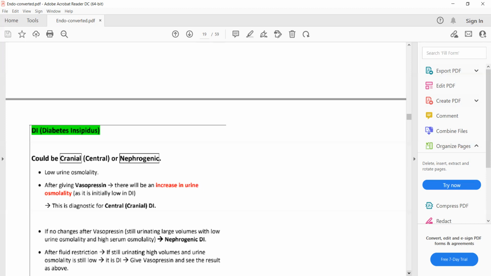Normal urine osmolality is between 700 to 850 milliosmol per kg. So if the urine osmolality is less than 700, then it is likely diabetes insipidus, because in diabetes insipidus, urine osmolality is decreased because of excessive water in the urine.